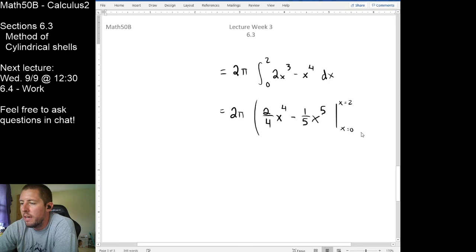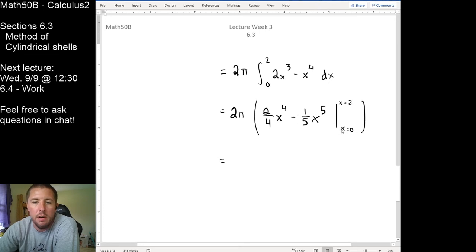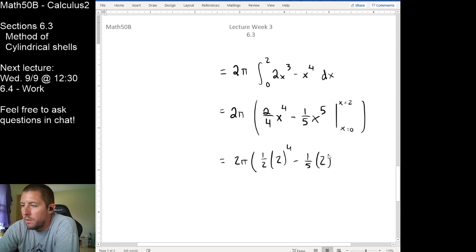Oh my gosh, we just get given gifts all the time here. Oh man, this is just all day long. Polynomials evaluated at 0. This is just the best thing ever right here. So evaluating 2 pi, that's a 1/2 there, 2 to the 4th, minus 1/5, 2 to the 5th. And we can do a little evaluation. 2 pi, that's really just 2 cubed, that's 8.